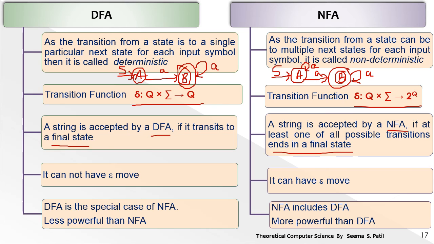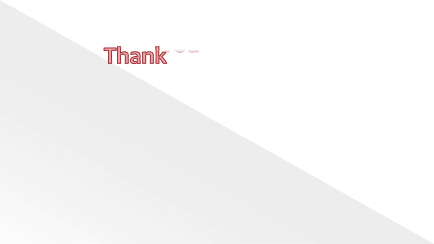Here in DFA, it cannot have epsilon, but in NFA, it can have epsilon. DFA is the special case of the NFA, and it is less powerful than NFA. But NFA includes DFA. As the NFA is the superset and DFA is the subset, NFA is more powerful than the DFA. Thank you very much.